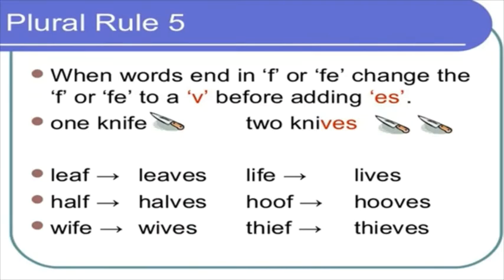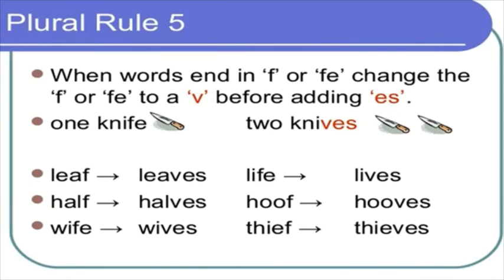Okay. Look at the first example. There is a knife and the noun is knife and it ends with fe letter. So we have to remove fe letters and add ves. Then it becomes knives. Right? It's very easy.